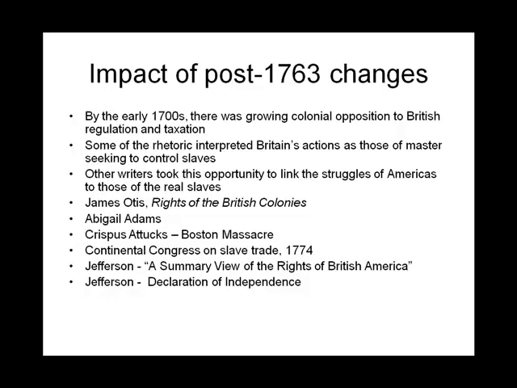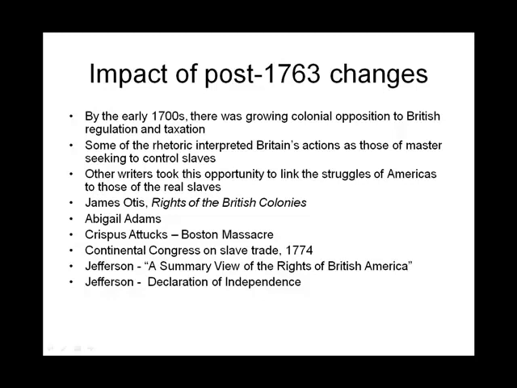Most of you have covered this in your American history books, so we're not going to go through it in great detail, but no taxation without representation becomes a common phrase. And it's based on the idea that the colonists are saying, we are not represented in Parliament, therefore Parliament has no right to tax us. We're represented in our state legislatures, therefore they can tax us. The colonial legislatures can tax each of their colonies, but not British Parliament.